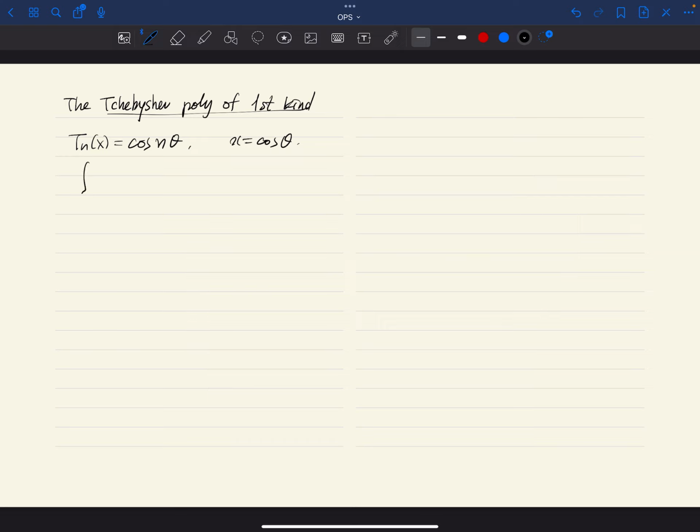And we have this orthogonality. The measure is slightly different, with a minus in this case. The integral is 0 if m is different from n, and if they are equal, it's going to be pi. So I think I can just write down the pi.